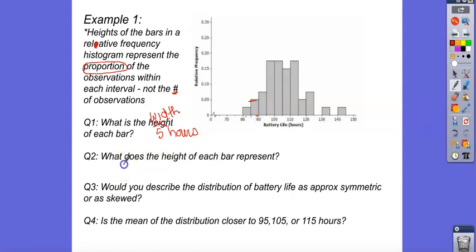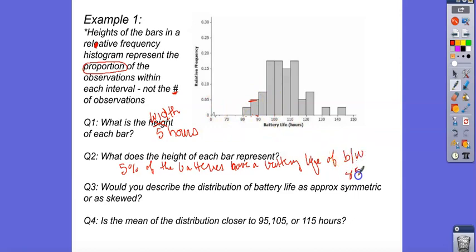So you would say that 5% of the batteries in this distribution have a battery life between 85 and 90.